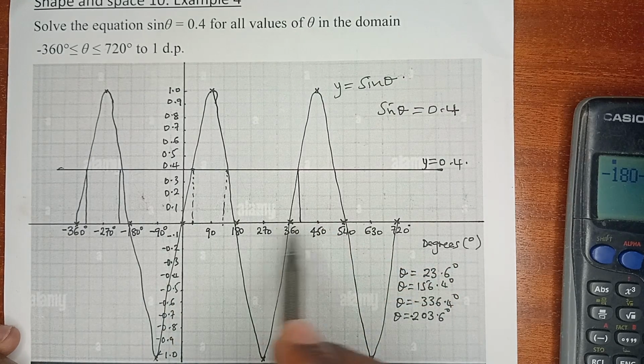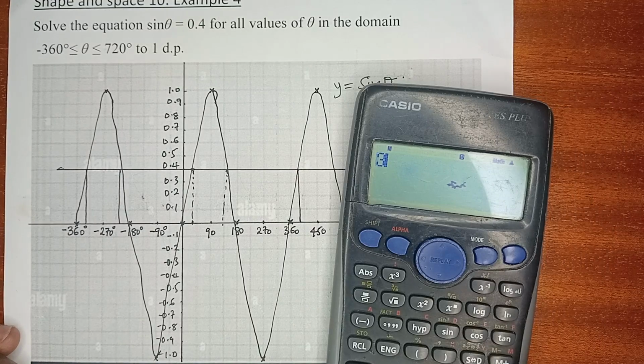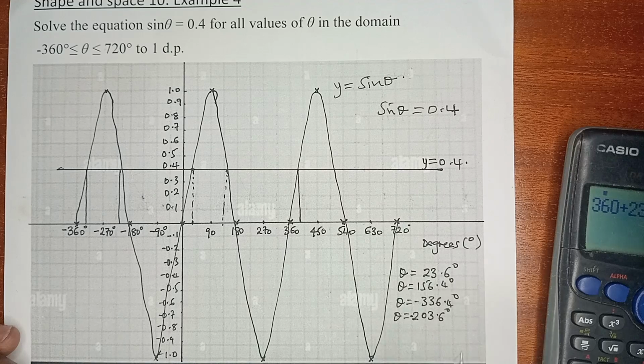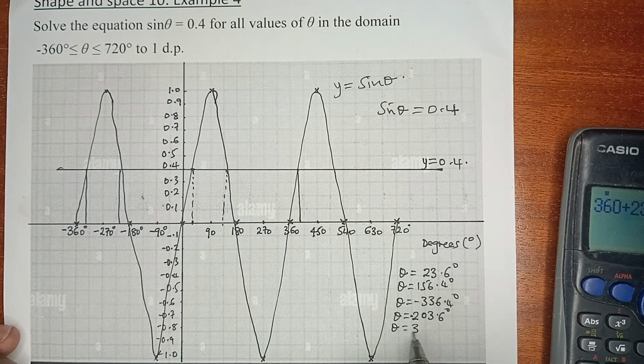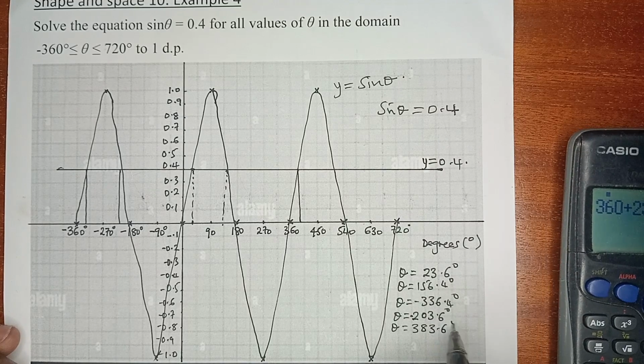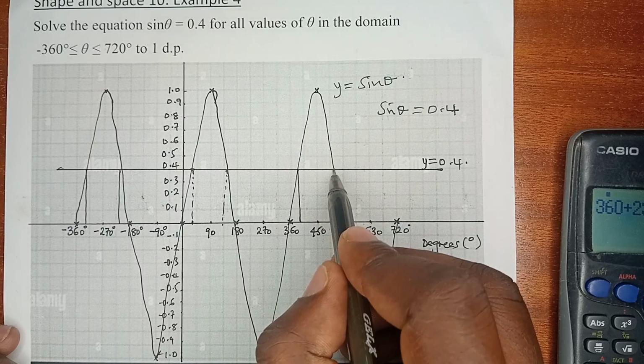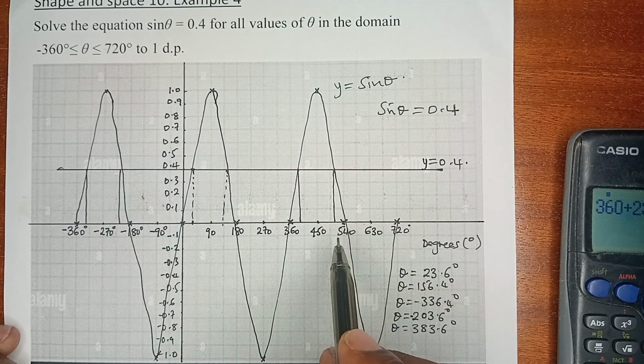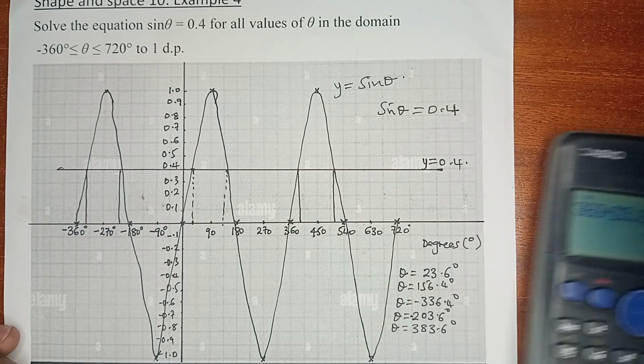What about this one? This one is 360 plus 23.6 degrees, and we have 383.6 degrees. Theta can also be 383.6 degrees. And again, this one is 23.6 degrees just before 540.